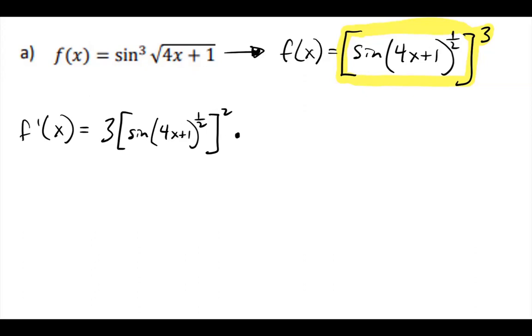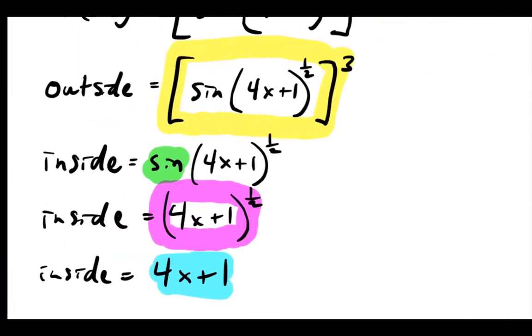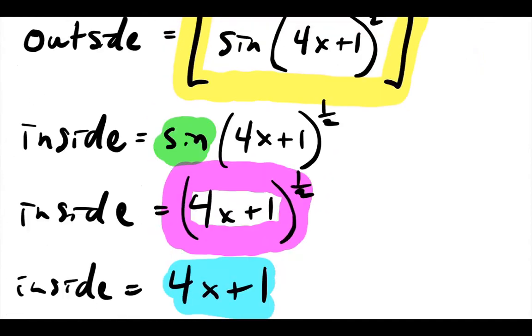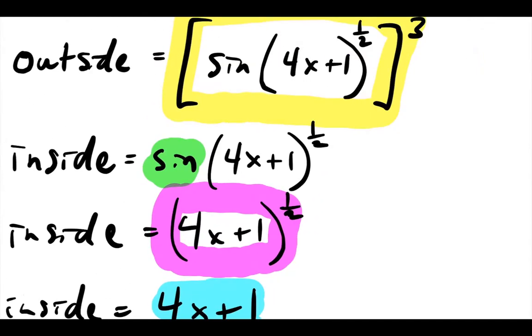We said that the inside layer for this guy, the first inside layer, was the sine, right? Outside is done. The inside though, we said sine. Sine was that layer now. So what's the derivative of sine? Cosine.